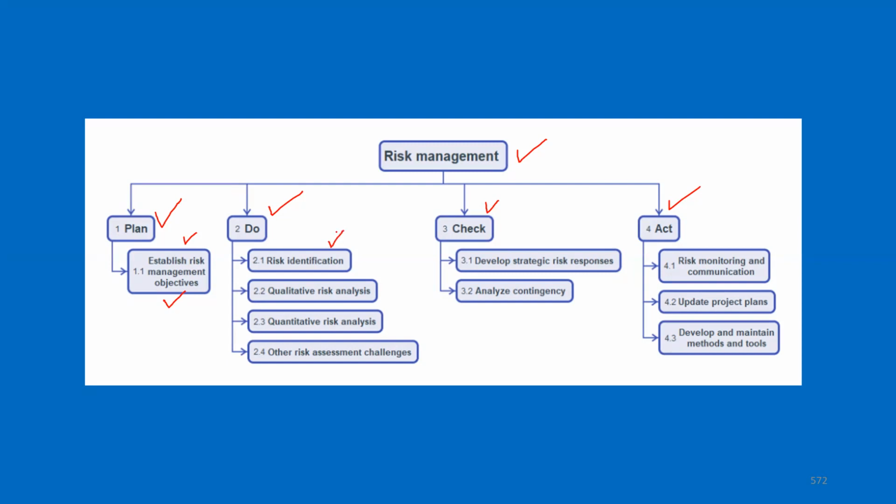We do risk identification at the beginning of the project as well as throughout the project because new risks will emerge and existing risks can become insignificant. So this is a continuous process.